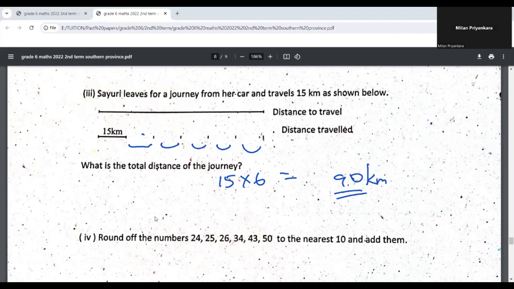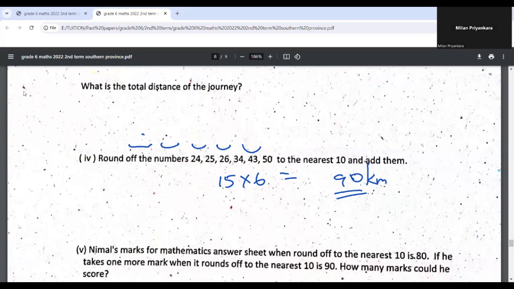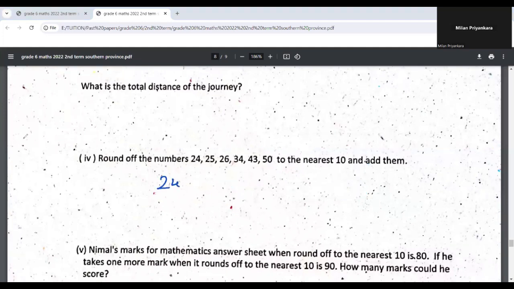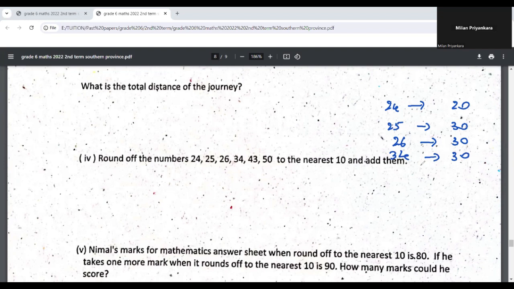Okay, now let's do this rounding off. 24 goes to 20, 25 goes to 30, 26 goes to 30, 34 goes to 30, 43 goes to 40, and 50 goes to 50, because you have rounded them to the nearest 10.